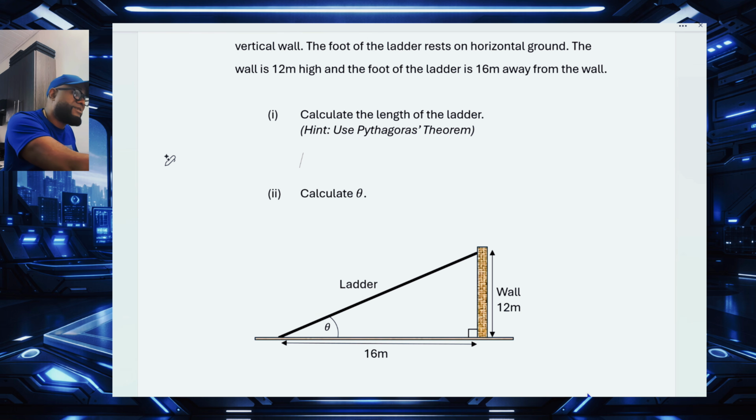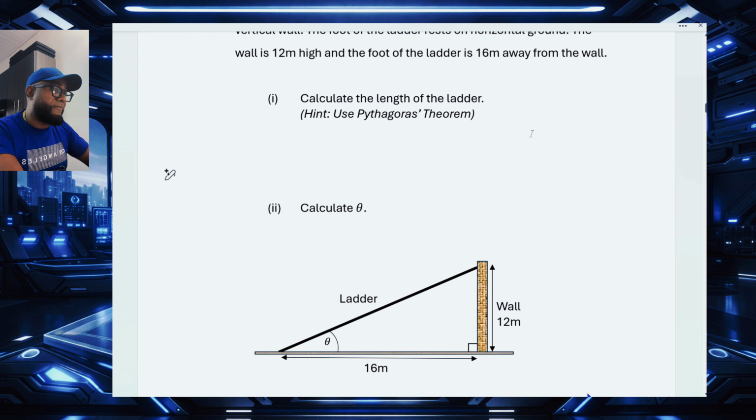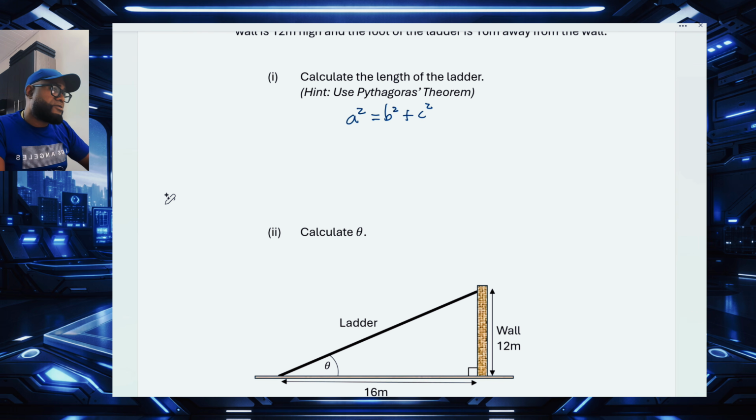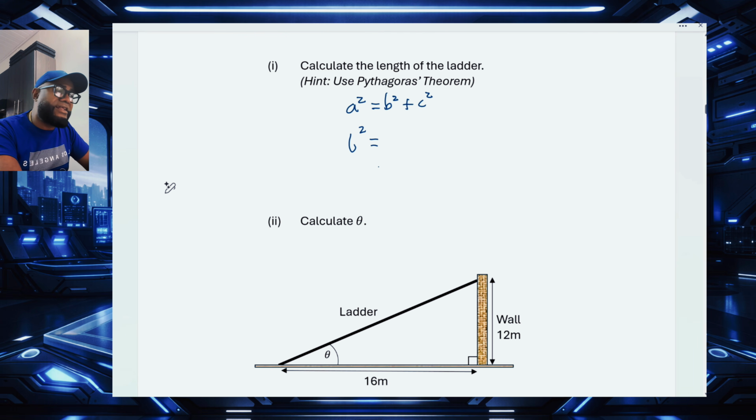Simple thing, just like what we were doing above. What is Pythagoras' theorem? What's the formula? A squared equals b squared plus c squared. So what will be A here? A will be the ladder, so let's put L. L squared is equal to, B and C could be 16 or 12, vice versa, it doesn't matter.